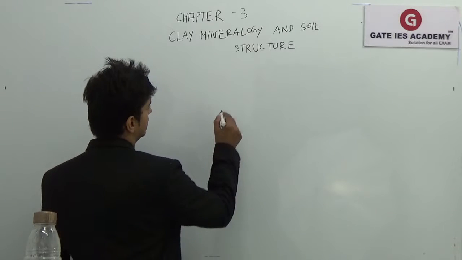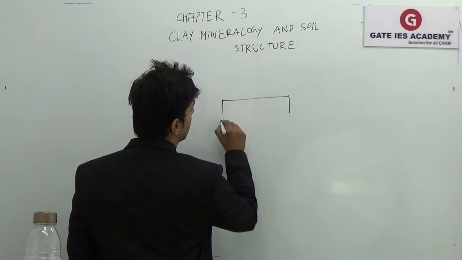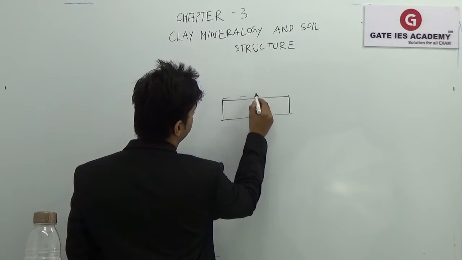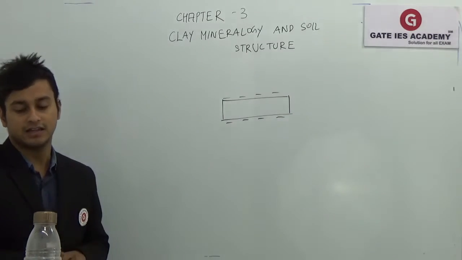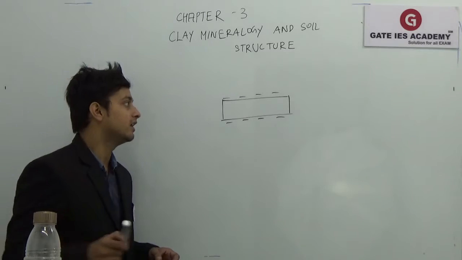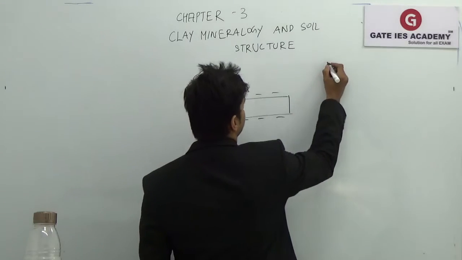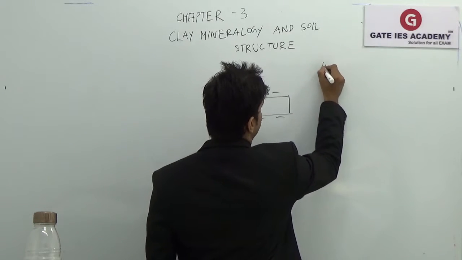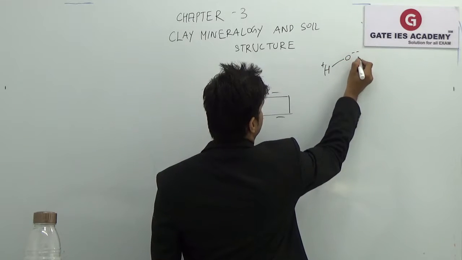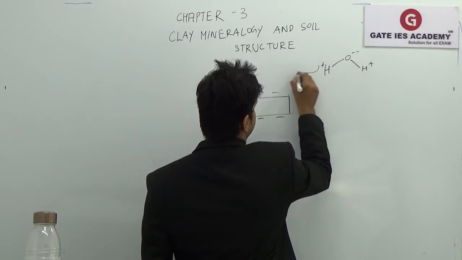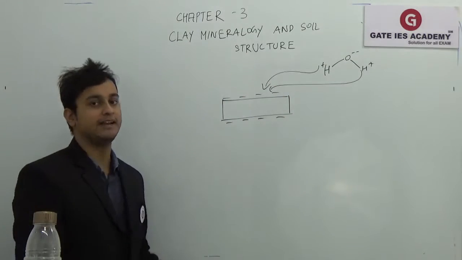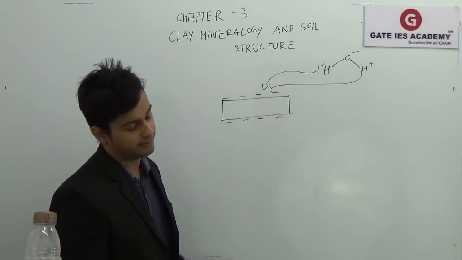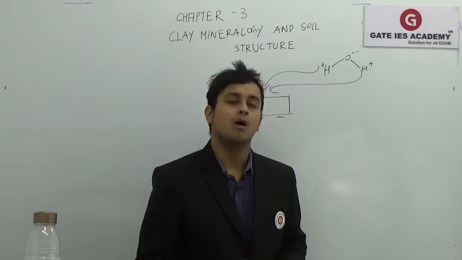So because the soil is primarily of a plate like structure which has negative charge on its face, the water molecule, which has two hydrogen charges, that is plus charge, are attracted towards this particular negative charge on the clay plate. Therefore water is attracted towards the system.